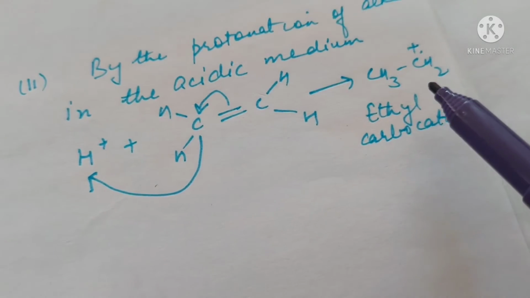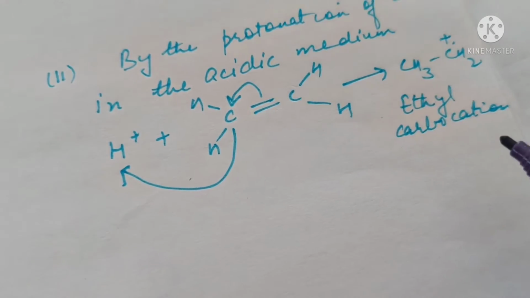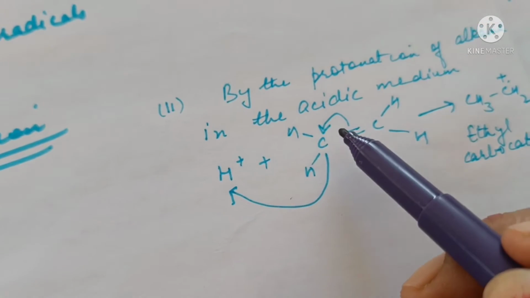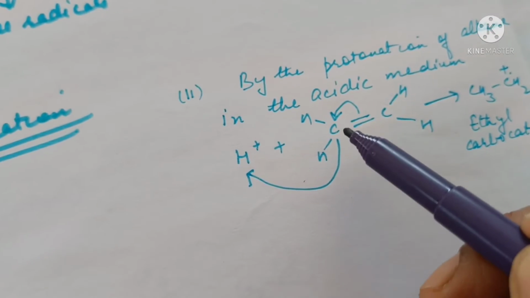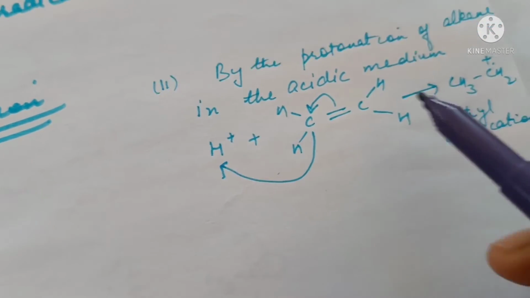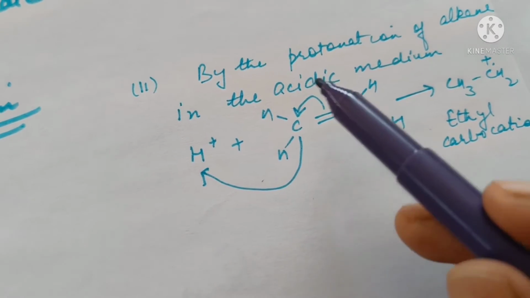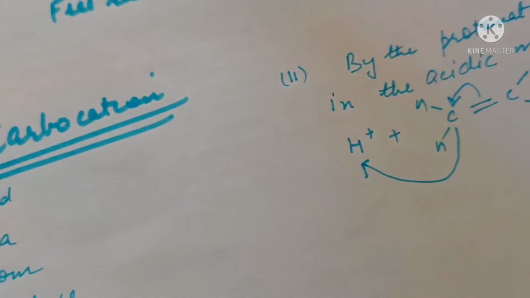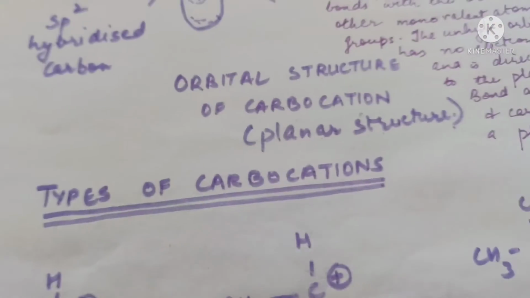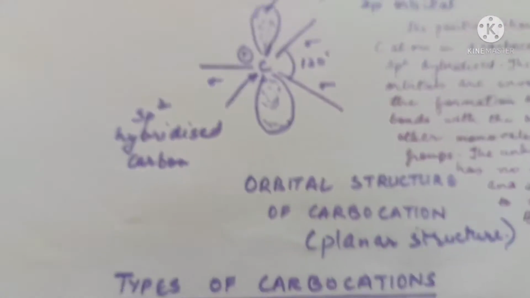This carbocation is ethyl carbocation. So the electrons migrate, hydrogen also comes here, CH3, CH2 and a positive charge because electrons have moved away from here.